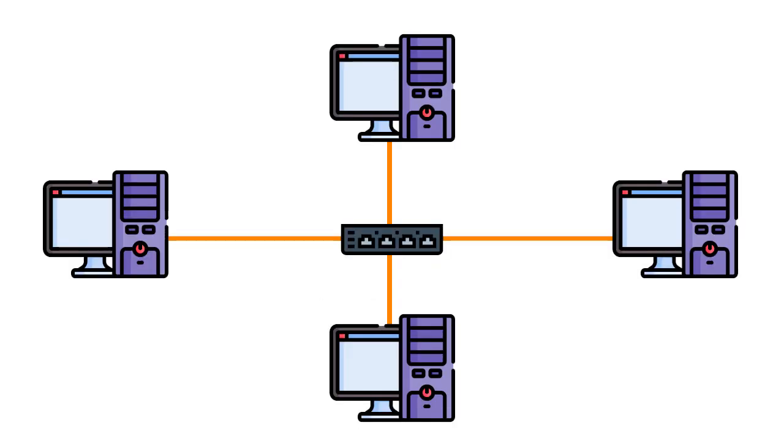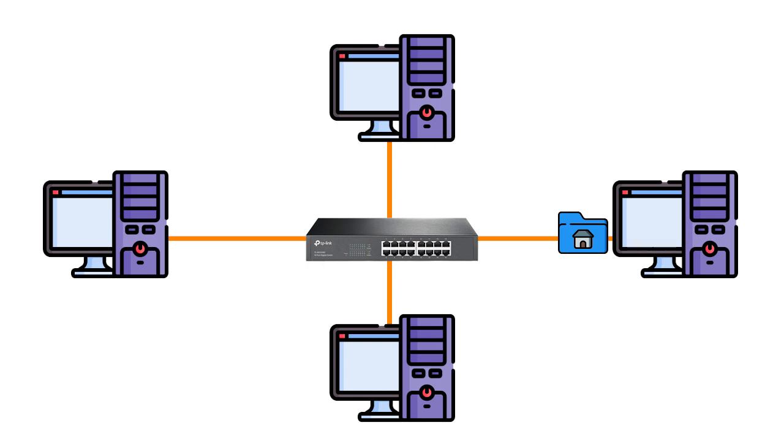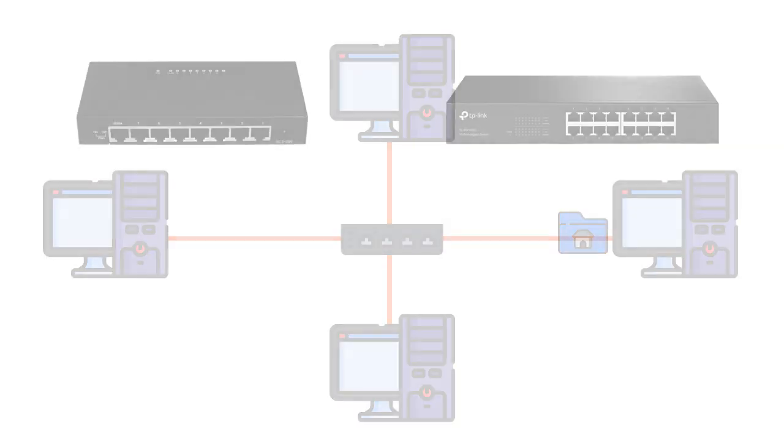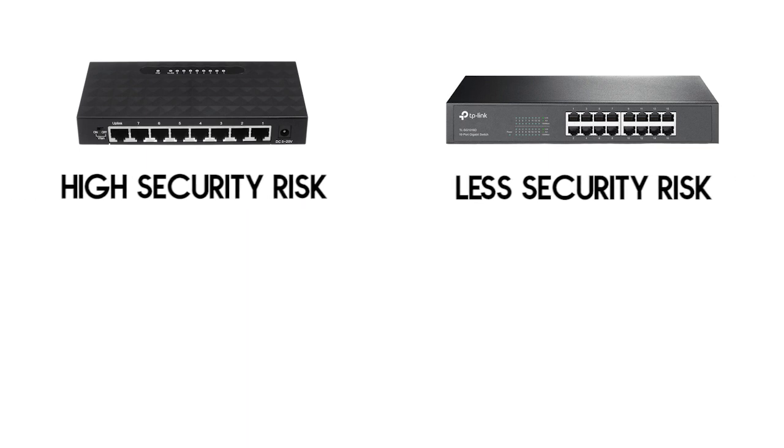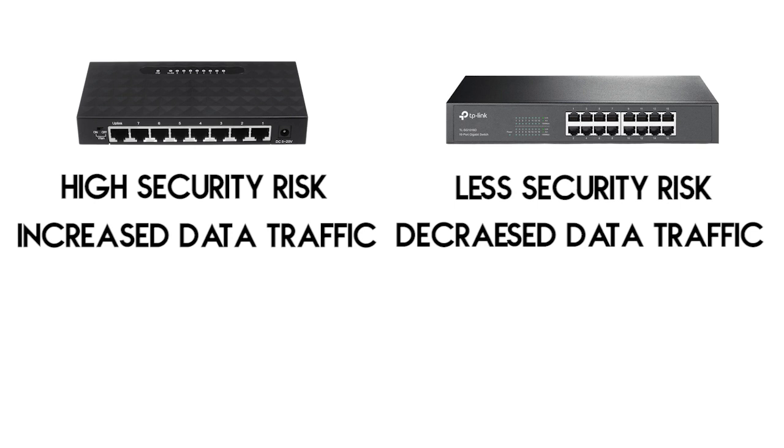But if you replace that hub with a switch, things are different. It sends that data packet only to computer D. As you saw, the hub creates a security risk and also increases unnecessary data traffic. While the switch is the complete opposite. The switch only sends the data packet to the relevant computer.